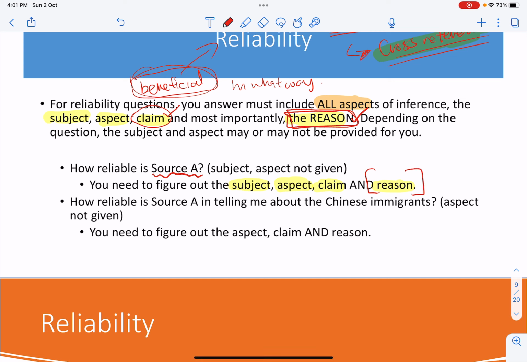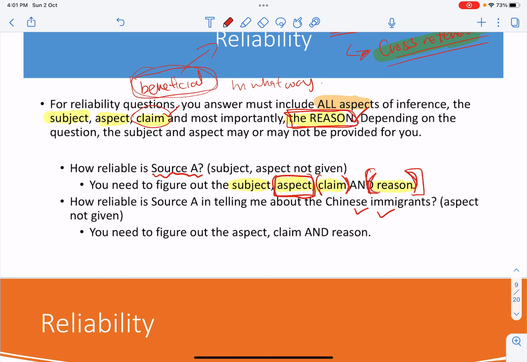The reason. Okay, case study number 2 is when they give you the subject, right? The Chinese immigrants, but they did not tell you anything else. They just say, how reliable is source A in telling me about the Chinese immigrants? In this case, please go and figure out what aspect of the Chinese immigrants does this reliability question want me to tackle. Then think about the claim, the overarching claim, and then the reason.